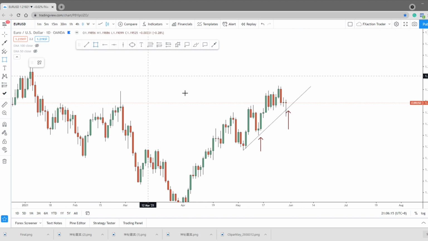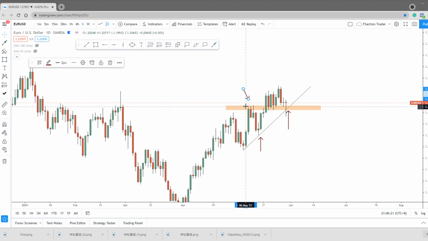Another thing is that the market created a key level here, a resistance level, and this level was broken and the market has now retested and rejected from this support level, which was previously the resistance level.